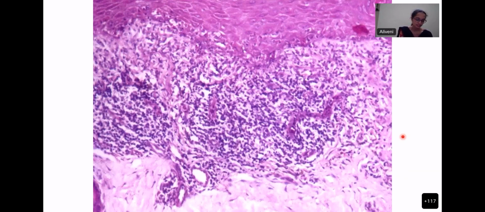Another differential diagnosis is drug-induced lichenoid eruptions, where there is parakeratosis, and parakeratosis rules out lichen planus. There is no parakeratosis here, so we can think of lichen planus. And the other differential diagnosis is ashy dermatosis, where there will be patchy infiltration of the lymphocytes. So I think it is interface dermatitis, lichenoid type, and lichen planus.